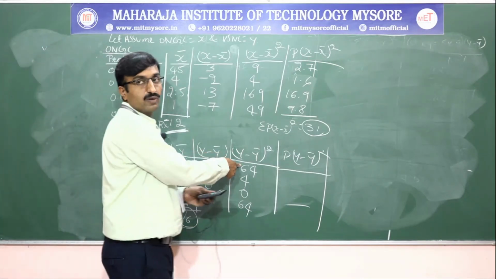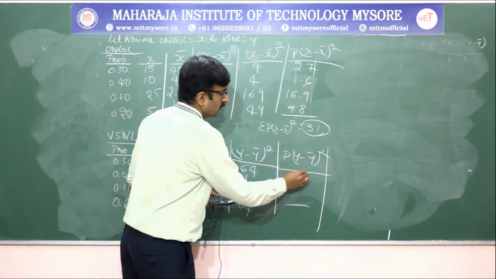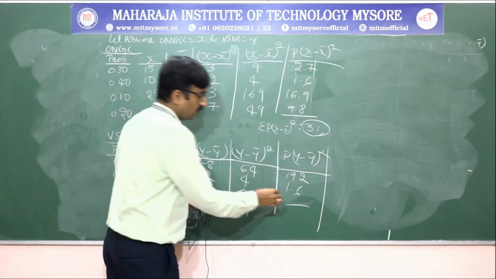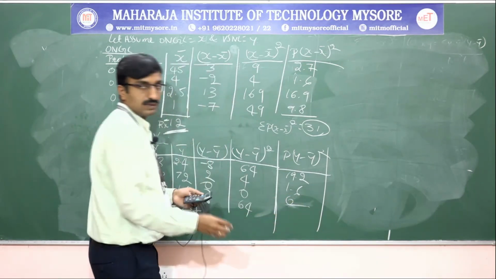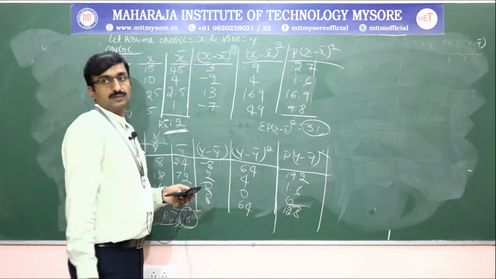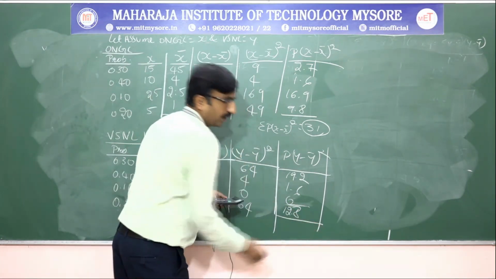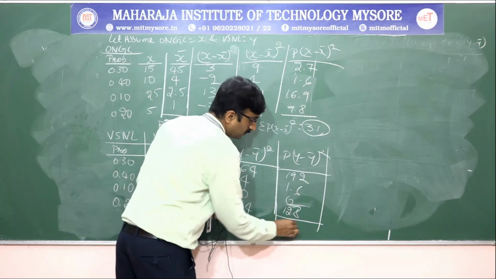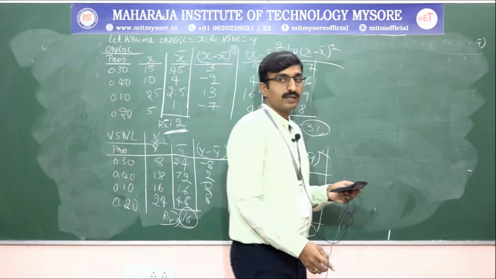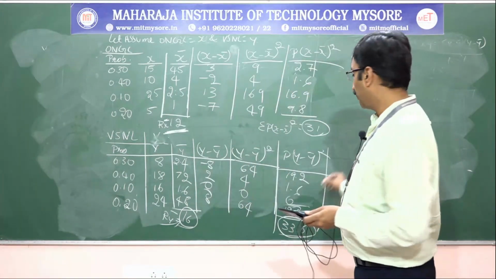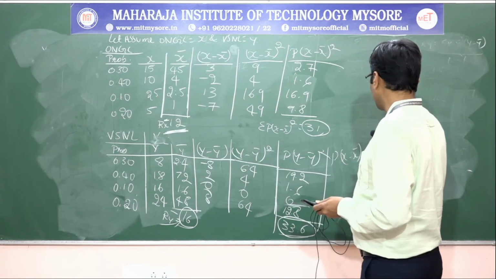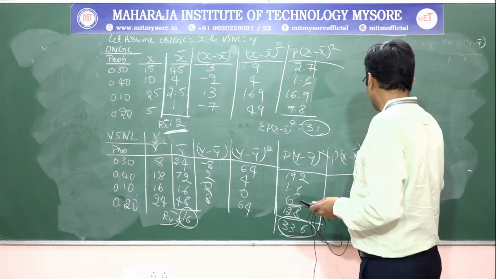Multiply this into this one, you are going to get 19.2, then 1.6, then it is 0, then it is 12.8. So, total of this one, it is 33.6.